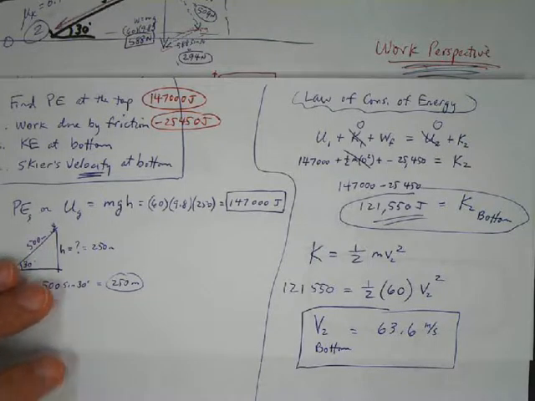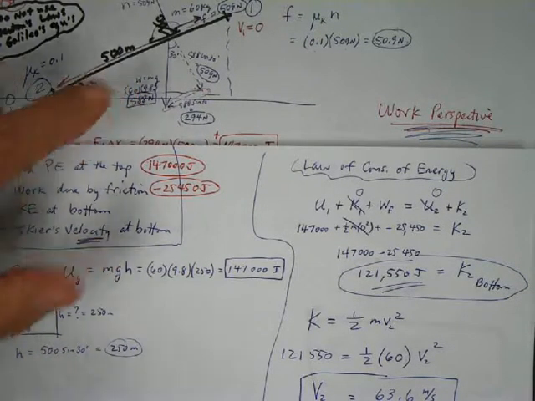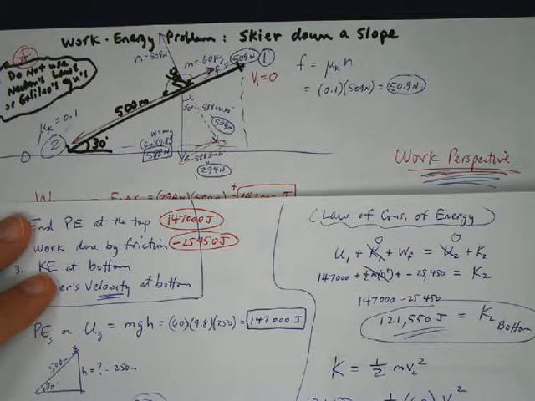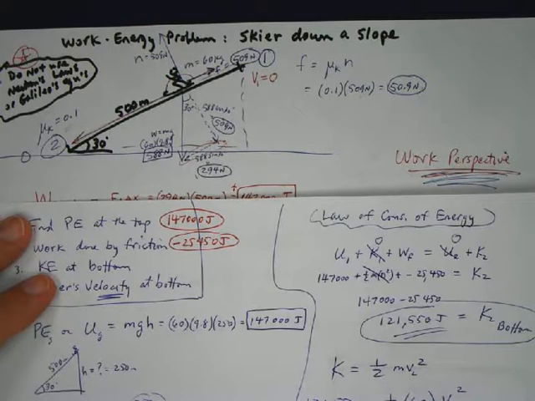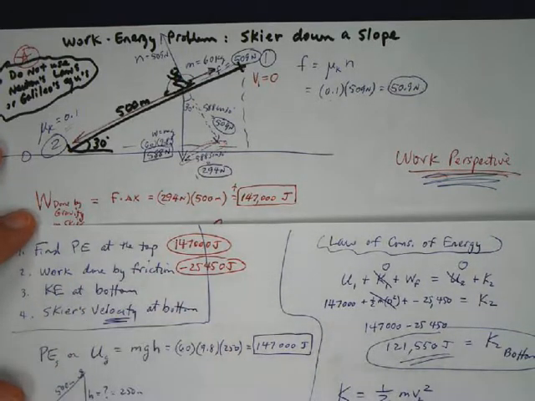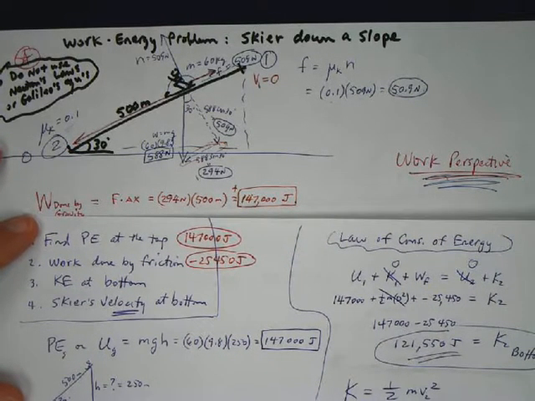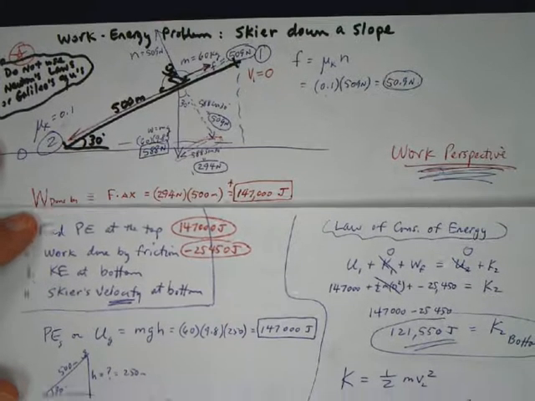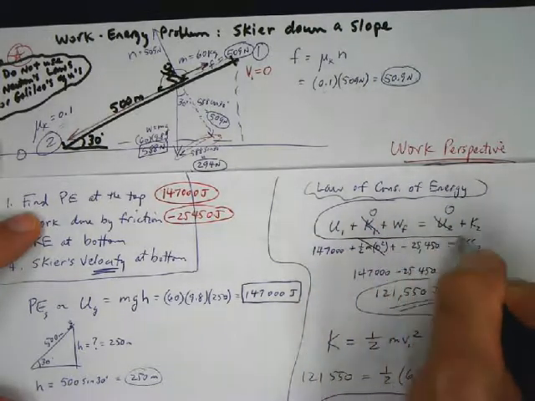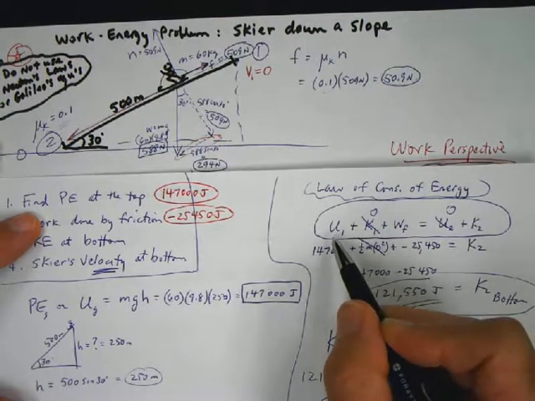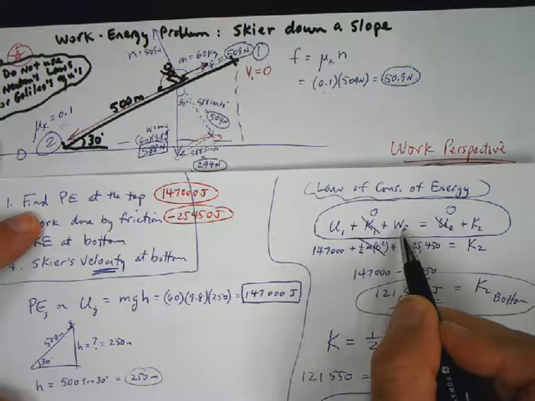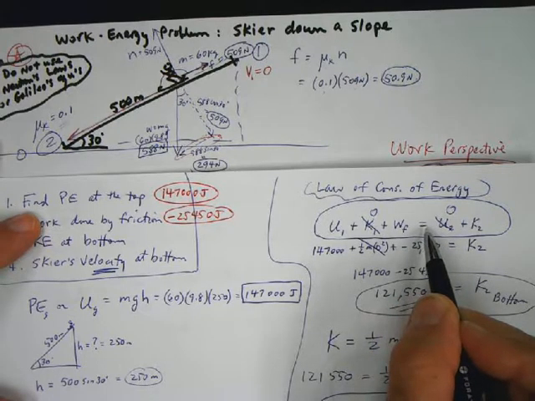We used the fact that work and energy concepts are extremely helpful, where work is force dot distance, potential energy is m times g times h, kinetic energy is 1/2 mv squared, and the law of conservation of energy states that the potential energy plus the kinetic energy plus any non-conservative force at one position is equal to the potential energy plus the kinetic energy at some other position along the slope.